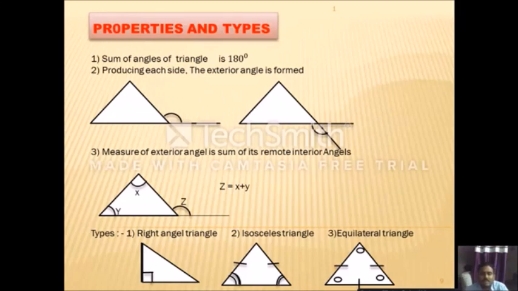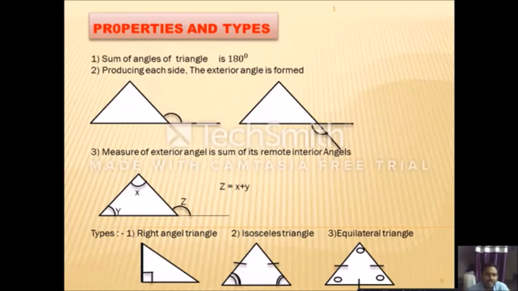Therefore, if all sides are produced through each vertex, then we get two exterior angles at each vertex, and therefore every triangle has three exterior angles. The property regarding the exterior angle: the measure of the exterior angle is always equal to the sum of its remote interior angles.